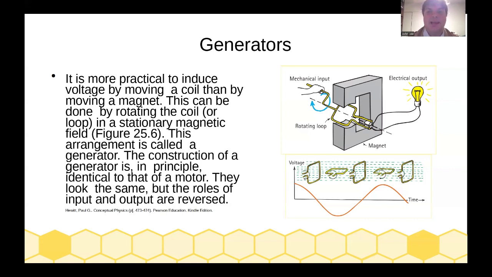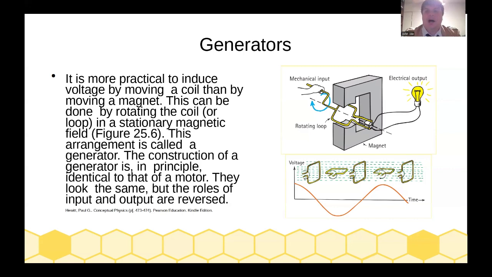So by taking a loop of wire or a coil of wire and rotating it around a magnetic field, so that the magnetic field is going through the wire at some points and not through the wire at other points, it's going to cause there to be an alternating current that comes out, because the current that comes out is dependent on the change in the flux going through the wire at different times.